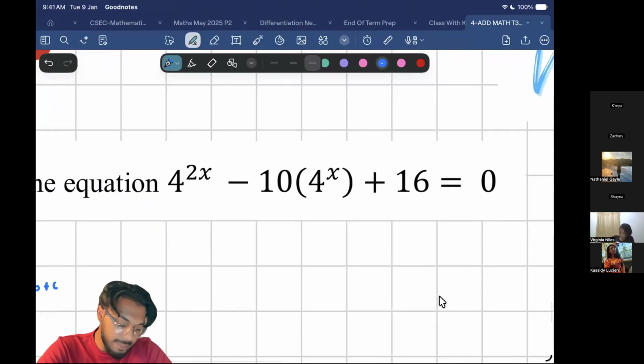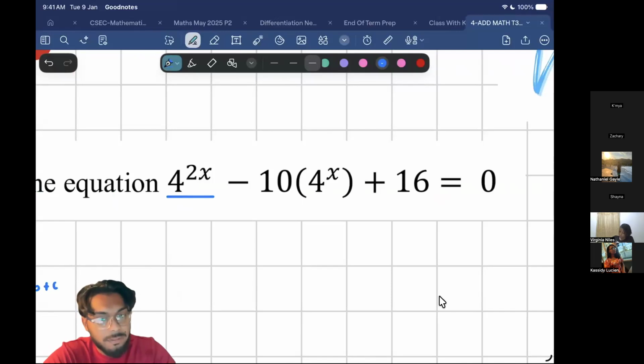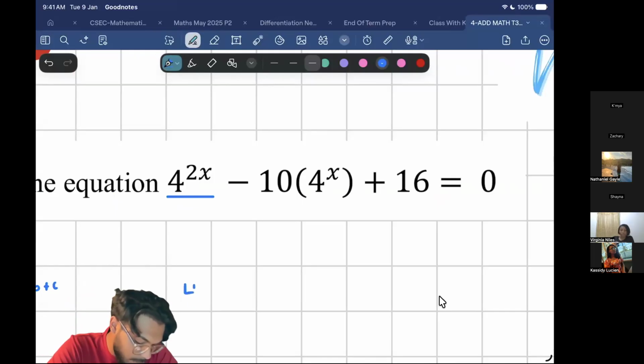Okay, with these types of questions, your goal is to try and make a substitution. You're looking for the same thing in more than one spot. So when I look at this now, I see 4 to the power 2x. Is there any other way I could write that? 4 to the power x, all to the power 2.